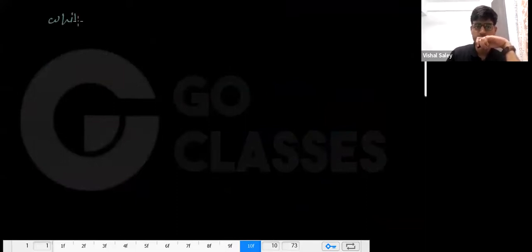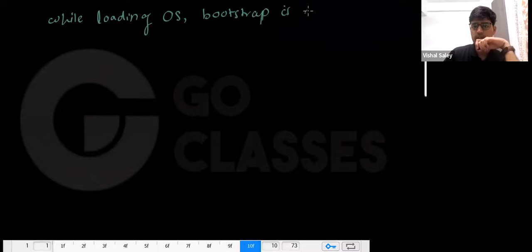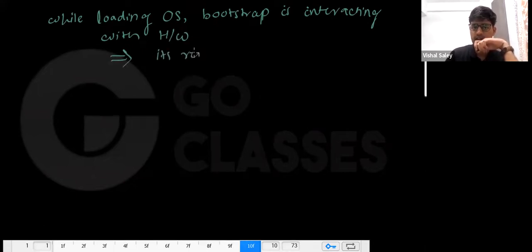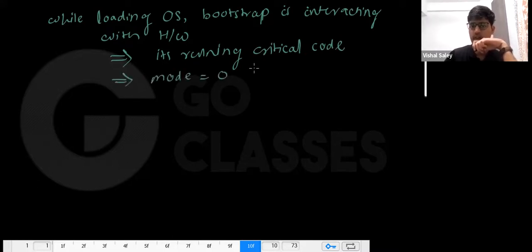So while loading the operating system, bootstrap is interacting with hardware, which basically implies that it's running critical code, right? It basically means that the mode has to be 0, or basically kernel mode, right?